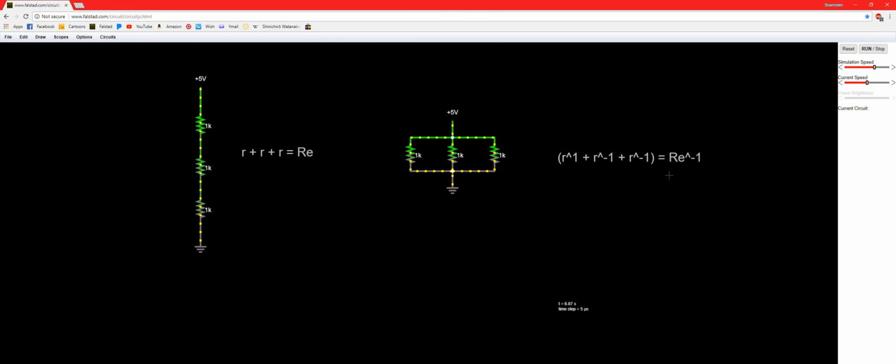What I usually do when I'm calculating it is I put these parentheses in my calculator and then put this -1 on the side with all of my resistances. I'll show you. I simply put the -1 power over here instead of over here.